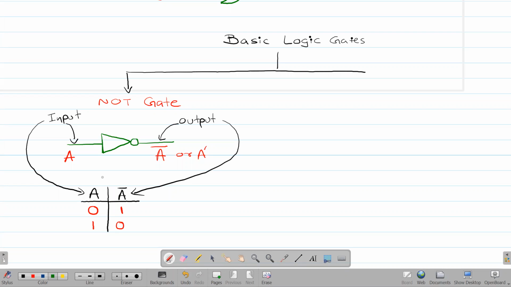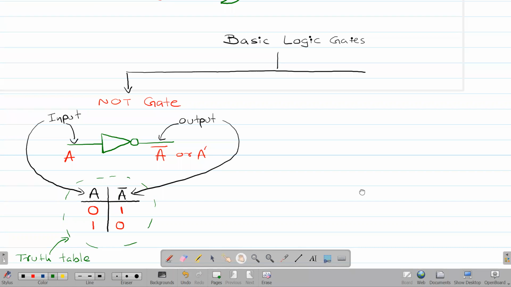So this is what you call the truth table. So that is how the NOT gate works. People, is that clear? Yes, sir. Right, great.